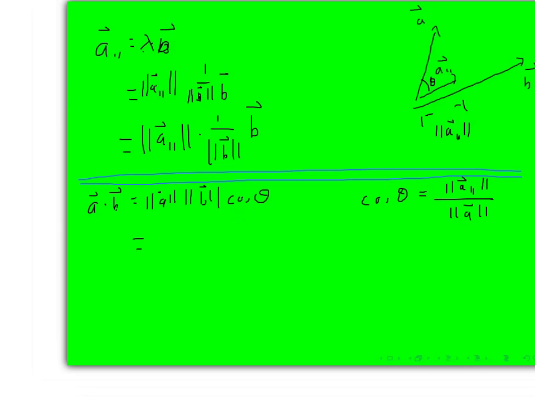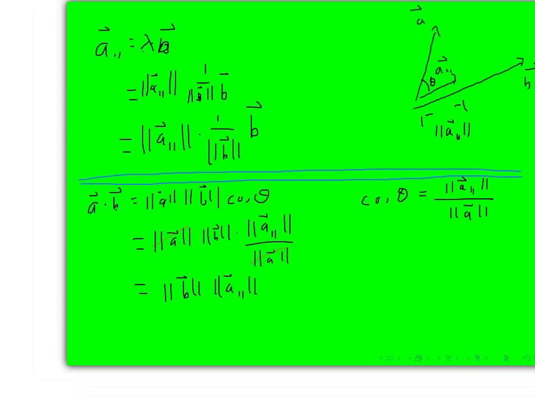So here's the first step. I have the magnitude of a times the magnitude of b times cosine of theta, which I'm going to write as the magnitude of a parallel divided by the magnitude of a. And notice that the two magnitudes of a cancel, and what we're left with is the magnitude of b times the cosine... the magnitude of a parallel.